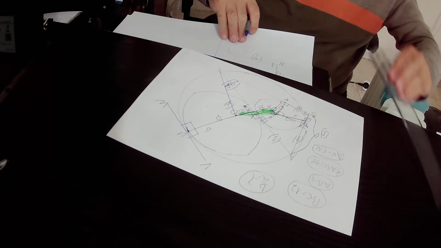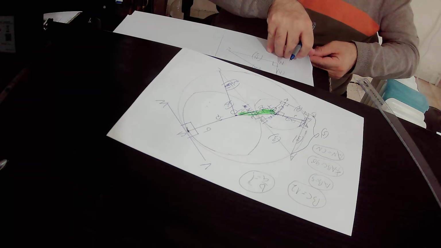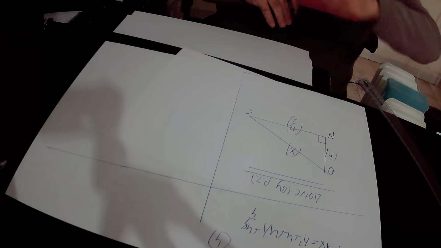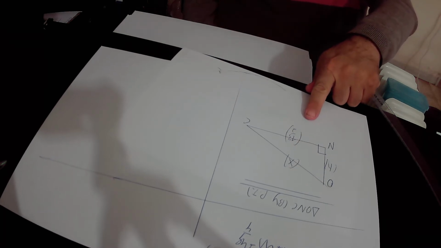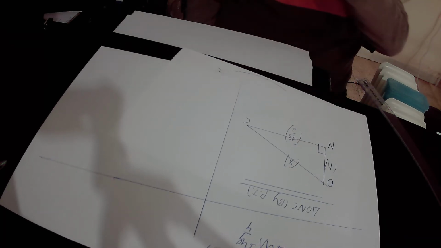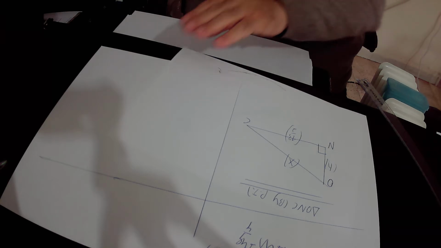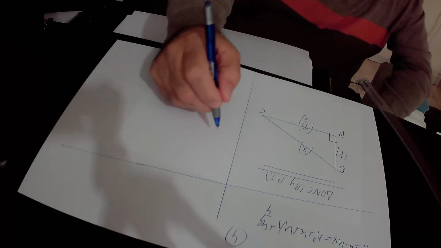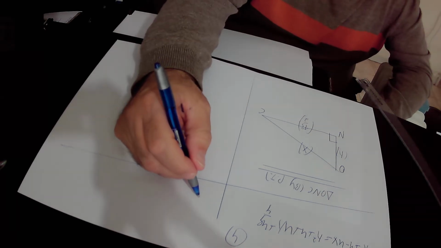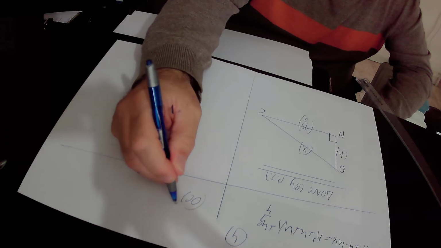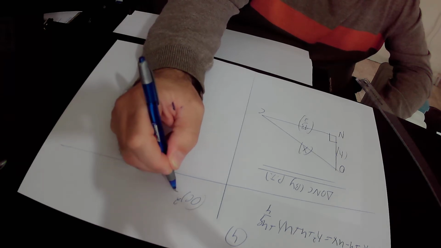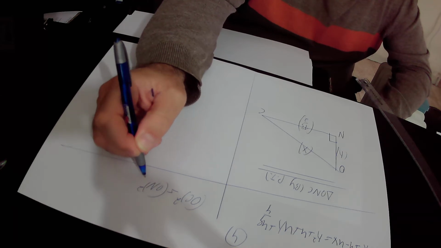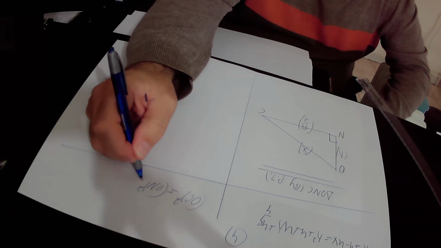So actually this is the right angle ONC, and I copied it from the original drawing. According to the Pythagoras theorem in the right angle ONC, OC square equals ON square plus NC square.